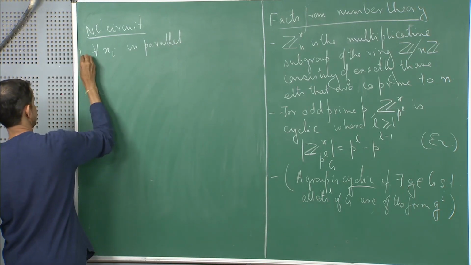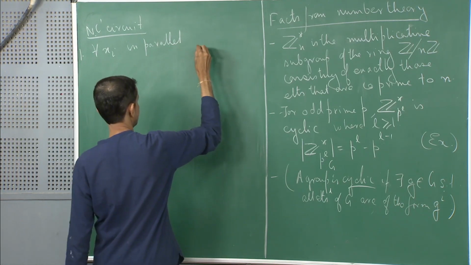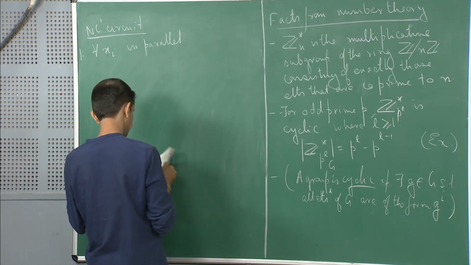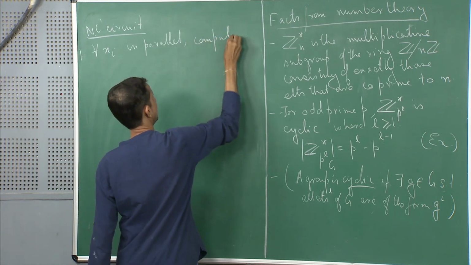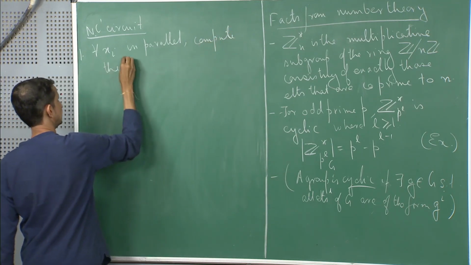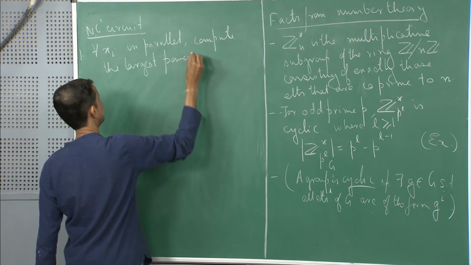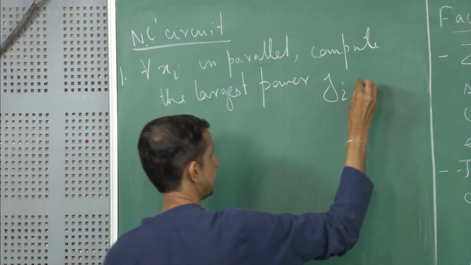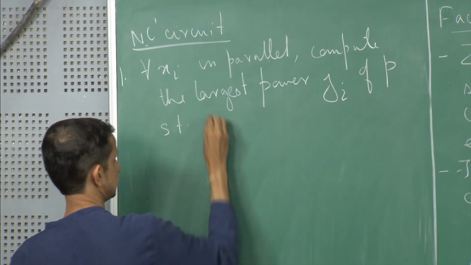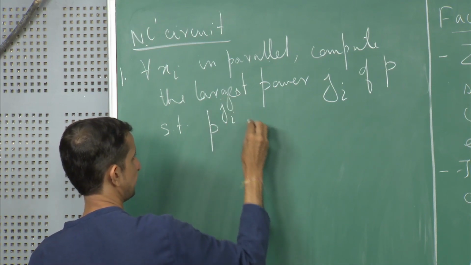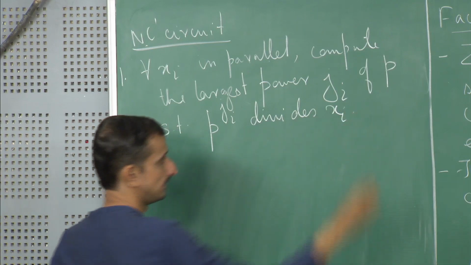For all xi in parallel, we compute the largest power ji of p such that p raised to the power ji divides xi.